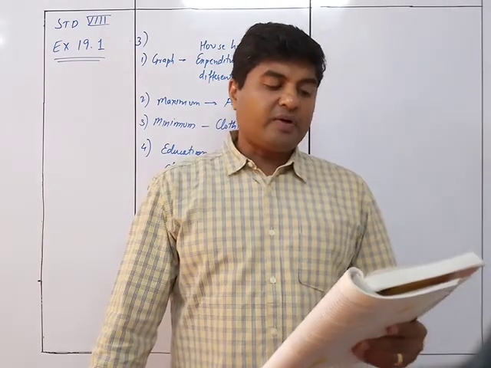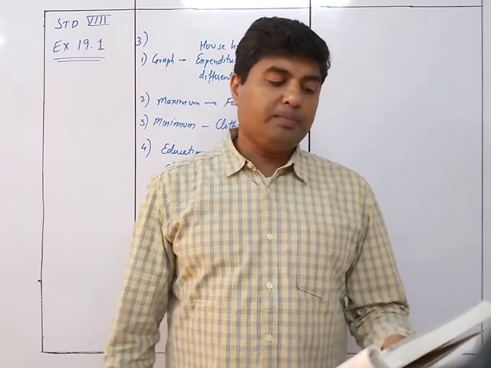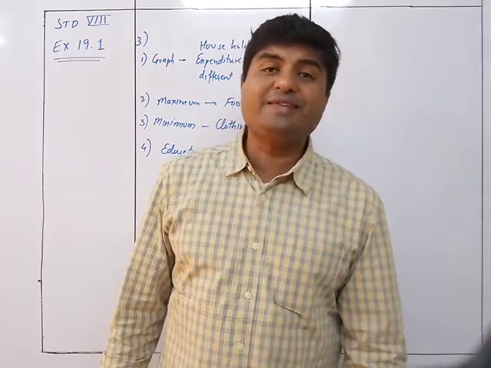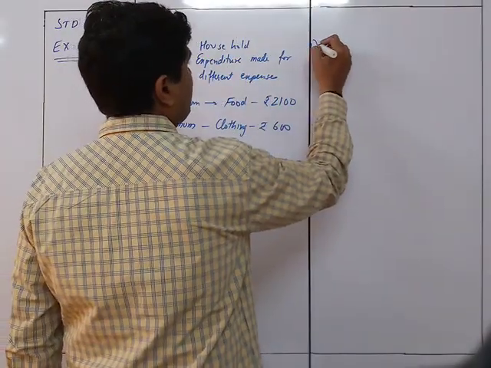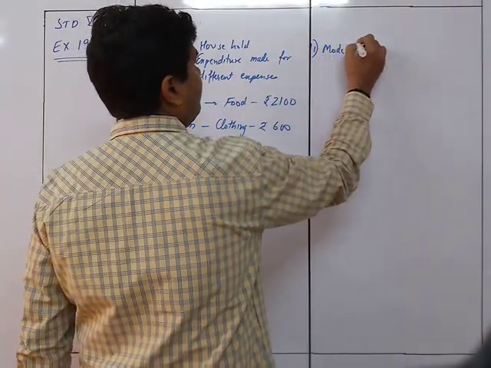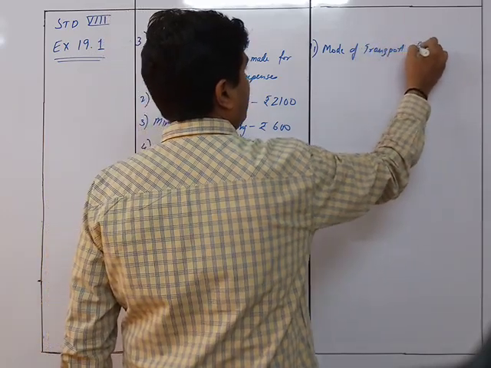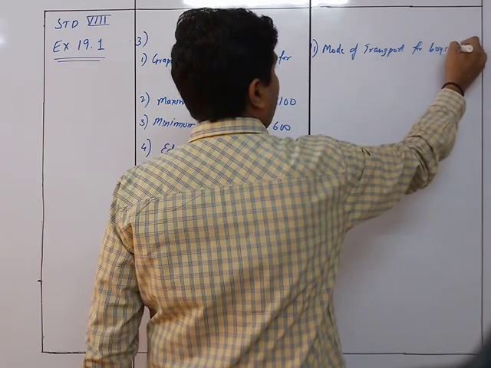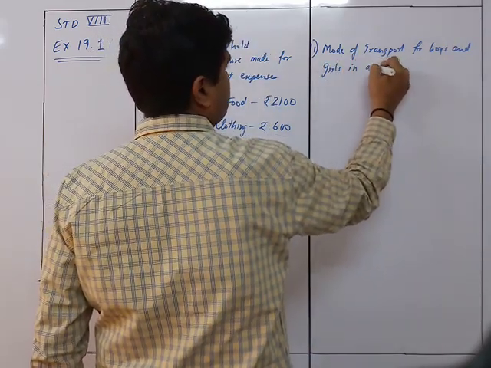What is the information given by the graph? The information given is nothing but the mode of transport of boys and girls in a school. So the first one is the mode of transport for boys and girls in a school.